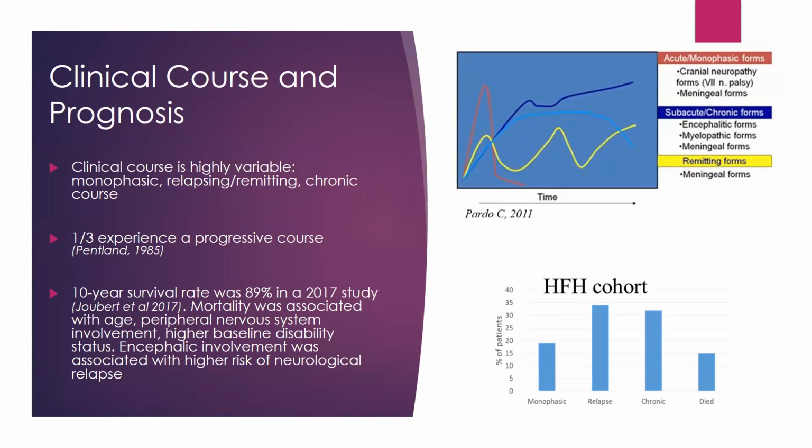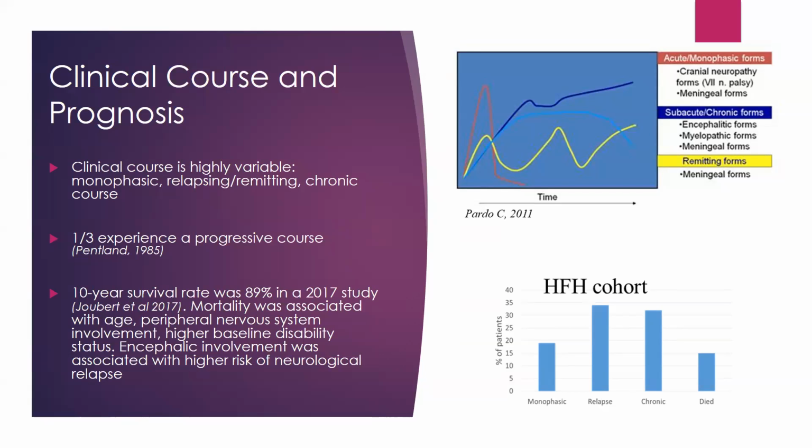As for the clinical course of neurosarcoidosis, this also can vary. Some people can have a monophasic acute presentation, others can have a relapsing-remitting or a chronic progressive course. Cranial nerve neuropathy, mostly facial palsy, could be an acute or monophasic form, and a meningeal form can be a monophasic disease, but mostly the brain or spine forms have a more subacute chronic course. A very old study of neurosarcoidosis reported a third of patients experienced a progressive course.